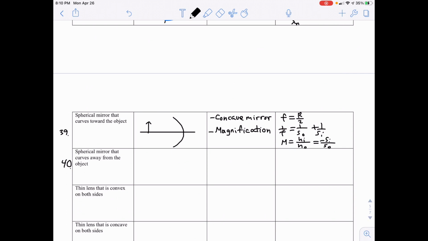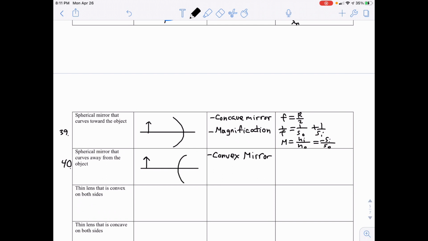Well, in question 40, we have a spherical mirror that's now curving away from the object. Well, same concept, really, but this one would be a convex mirror. Something to note about concave mirrors: the focal point is in front of the mirror, and the focal length when you're doing calculations is positive.